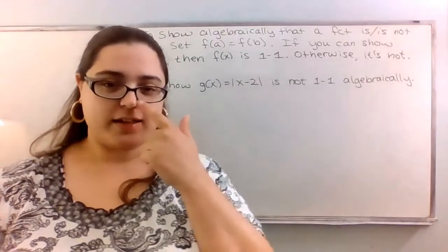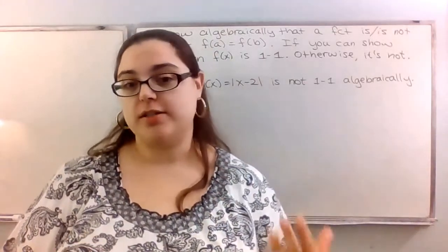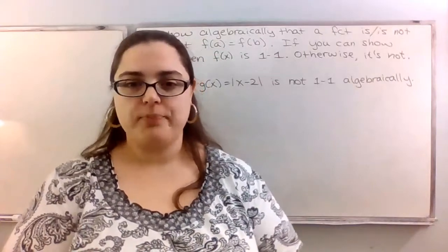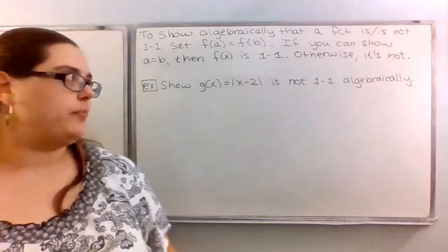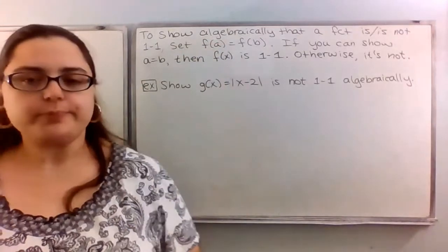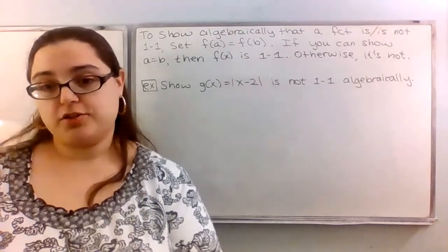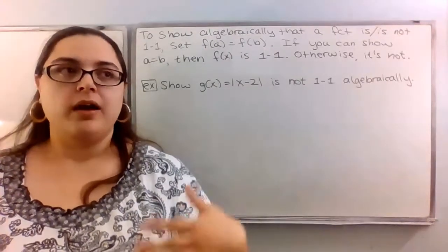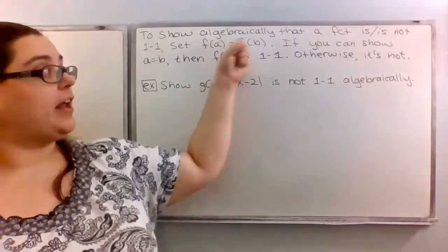But for this part now, we're going to talk about how you can determine whether a function is one-to-one algebraically or not. So I'm going to step out of the way in case you wanted to pause and write down this method here. So our primary method for identifying whether a function is one-to-one algebraically is to say, suppose I have 2 y values that are the same. So that's this f of a and f of b.